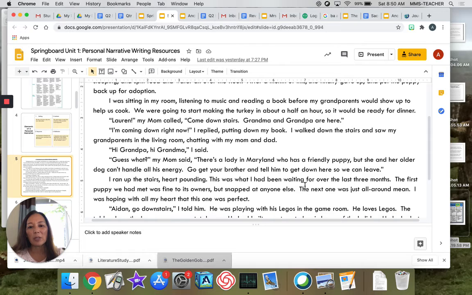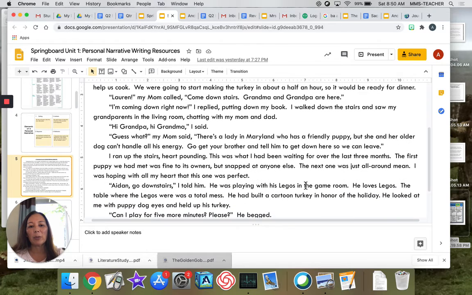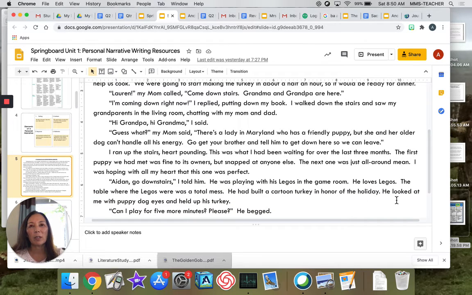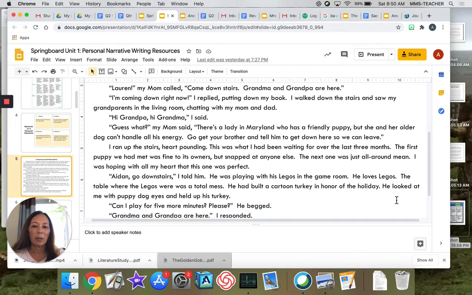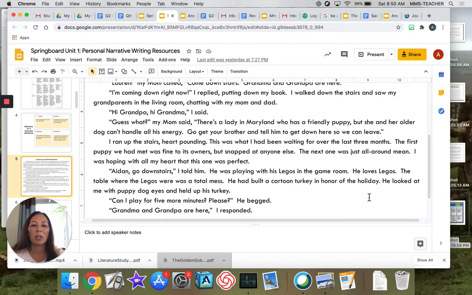"Aiden, go downstairs," I told him. He was playing with his Lego in the game room. He loves Legos. The table where the Legos were was a total mess. He had built a cartoon turkey in honor of the holiday. He looked at me with puppy dog eyes and held up his turkey. "Can I play 5 more minutes?